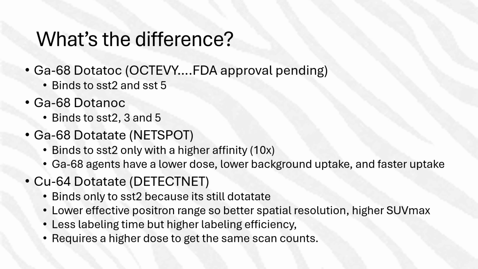Another advantage of the dotatate is that because it has a longer half-life, it's a little bit easier to obtain and a little bit better commercial availability in areas where it's a little bit further from a cyclotron because it has the 12-hour half-life instead of 1 hour essentially. But you are giving a much higher dose to the patient.